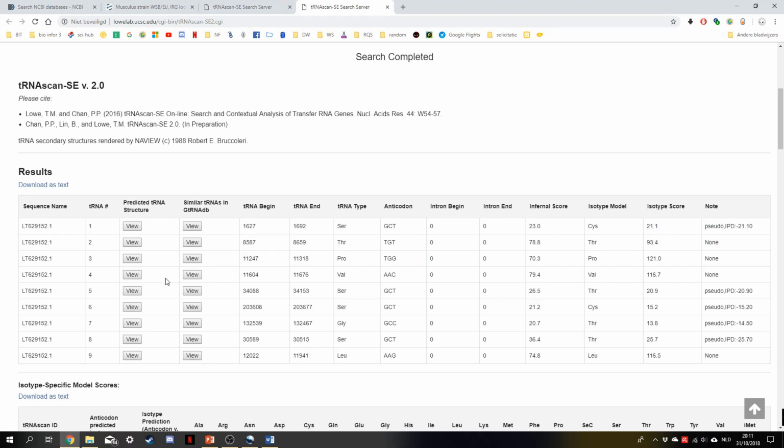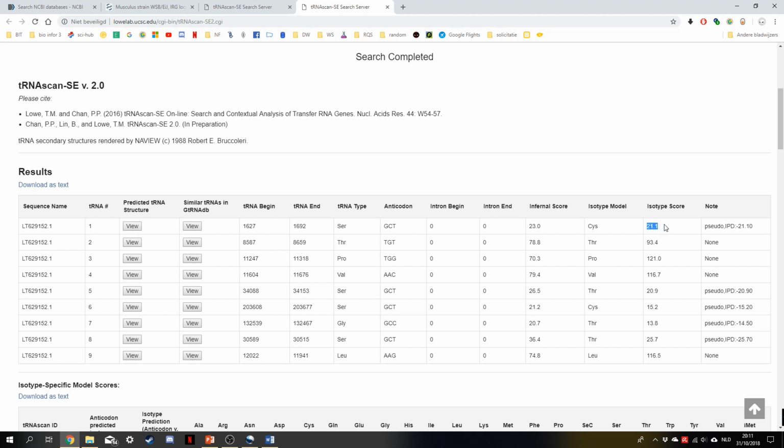So if we now take a bad example, for example the first hit, which is a pseudo tRNA that was found, we can see that the infernal score is actually higher than the more specific isotype score. This basically means that a more general scan gives a better result than a more specific scan.